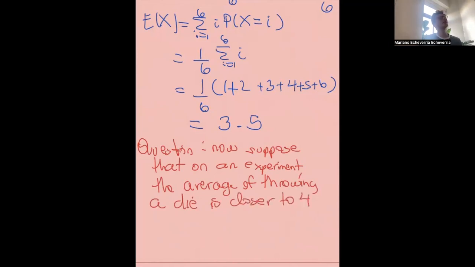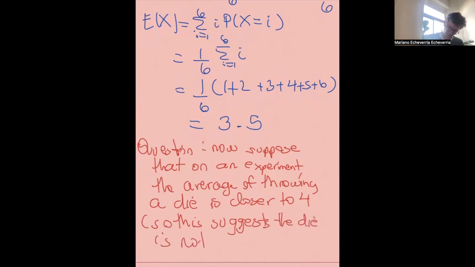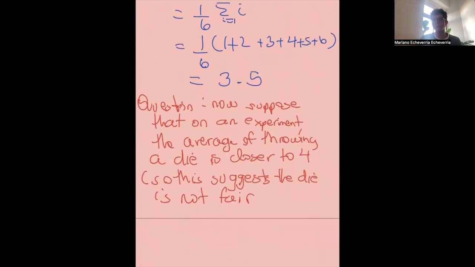What should that suggest? Does it suggest that the die is not fair? So this suggests it's not fair. So not every probability should be equal to 1/6 for this particular die. The outcomes should not be equally likely. Is that making sense?